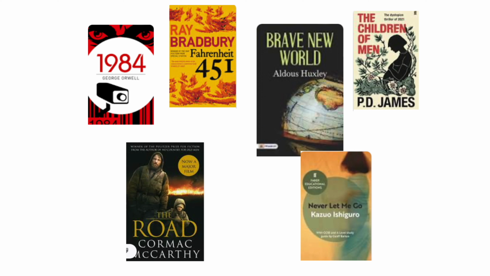So here's a very narrow overview of some examples of dystopian novels. George Orwell's 1984: panoptic state surveillance, control of the mind, control by fear, censorship. Cormac McCarthy's The Road depicts a post-apocalyptic world. Ray Bradbury's Fahrenheit 451 talks about the widespread censorship of book burning.